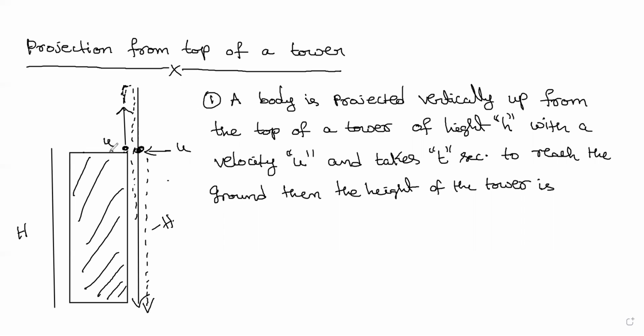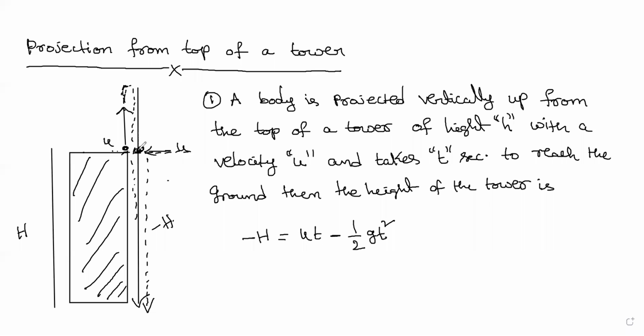This is the initial point, this is the final point. So displacement mode only will solve. Let it travel all these things, no problem. But the displacement is, this is the initial point and this is the final point, so it is minus h, downwards. So minus h is equal to u, u is projected up, so ut, minus, acceleration is downwards, minus half g t square.